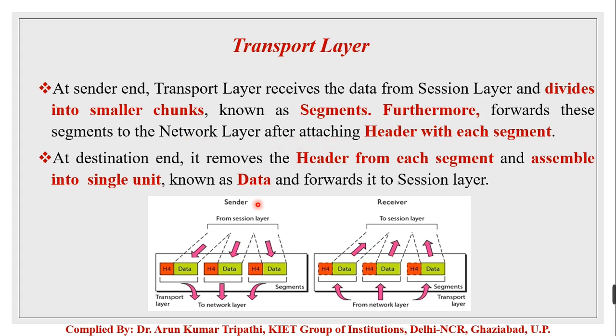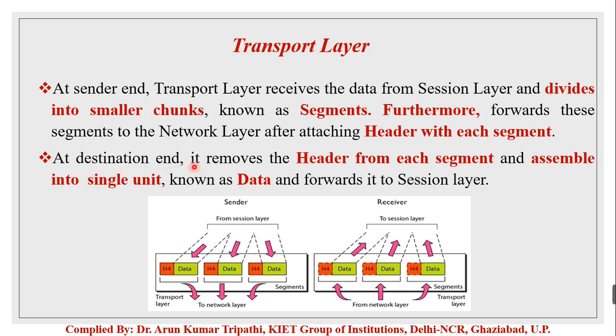As depicted in the figure, at the sender end, the data received from the session layer is divided into a number of parts. Each part is attached with a header H4. Here H stands for the header and 4 means layer 4, which is the transport layer. After this, these segments are forwarded to the network layer.